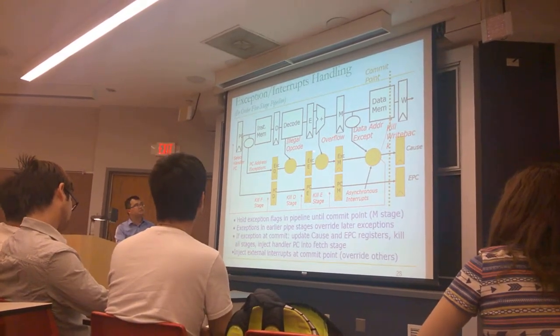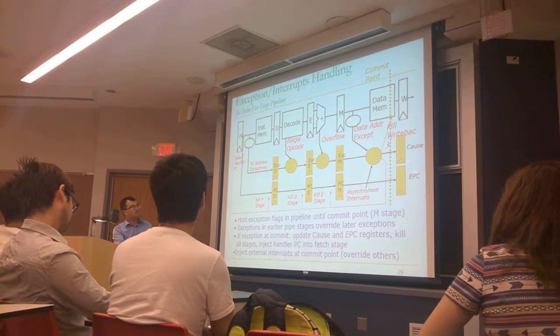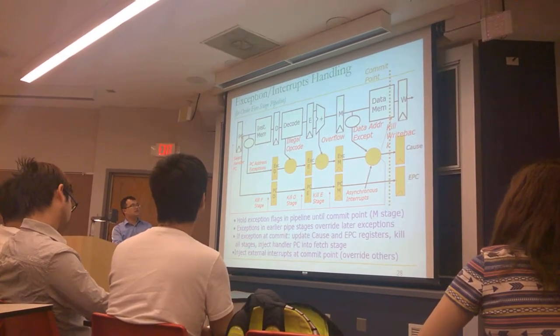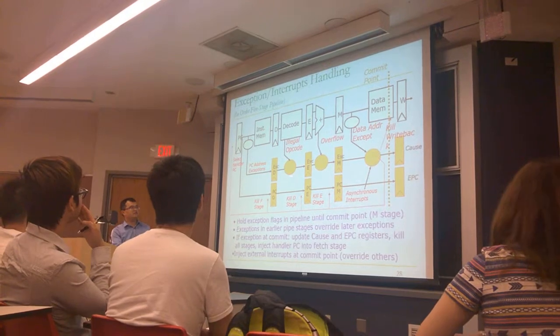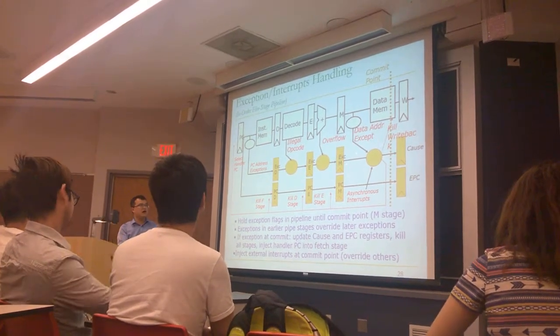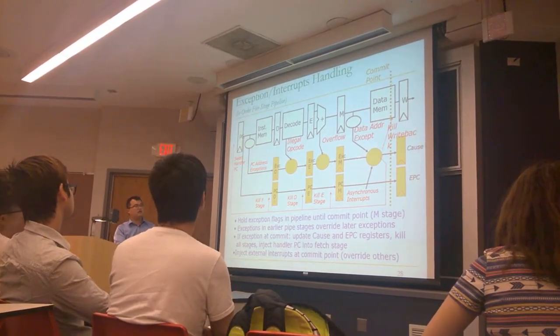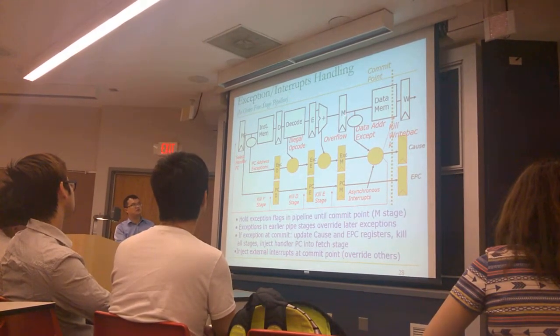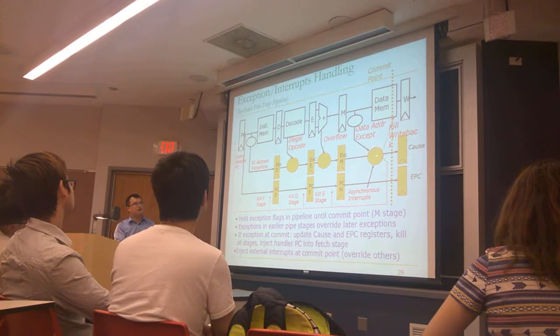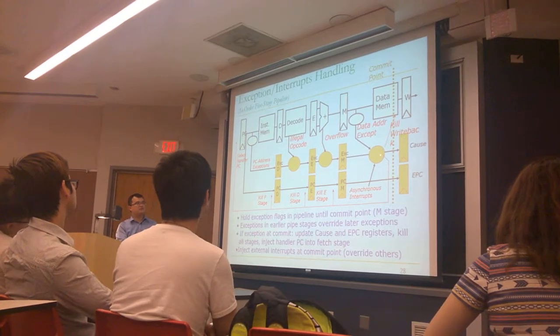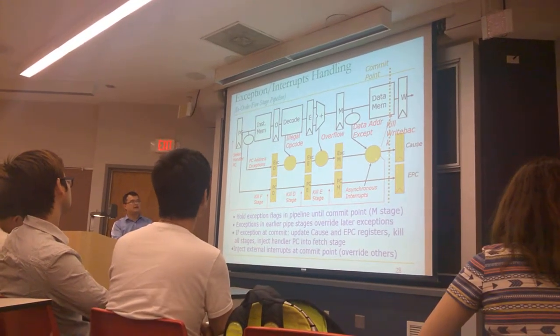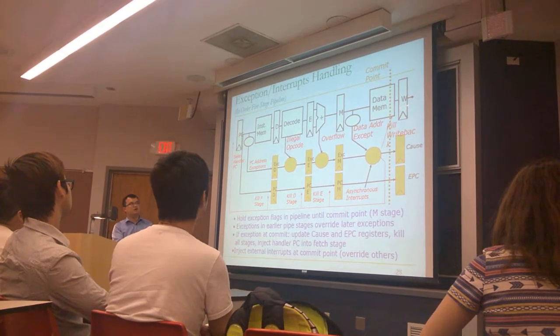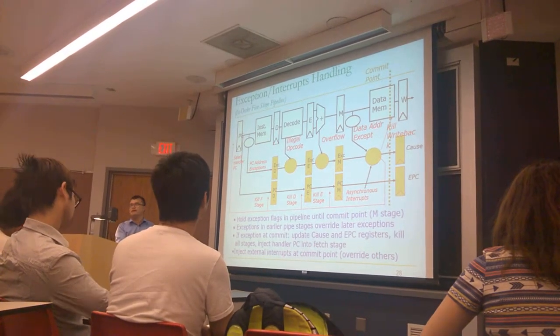And in order to reach the precise exception and interrupt, we come up with this architecture. At each stage, it's possible to generate exceptions or interrupts, but all of them will be passed to the stage after M. And all the interrupts and exceptions will be processed here before the commitment or the write-back.